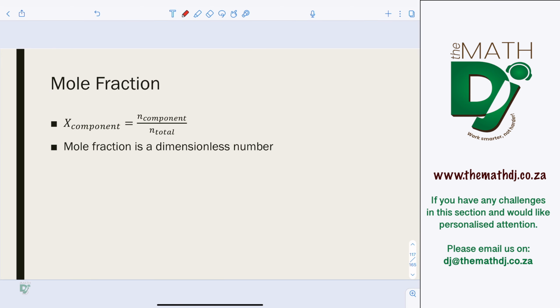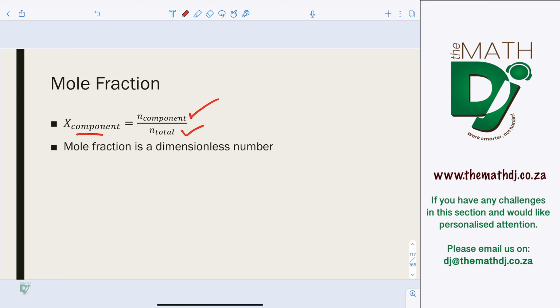So mole fraction is where you want to find how much of component X is in the compound. So what you do is find the number of moles of that component, then the total number of moles.